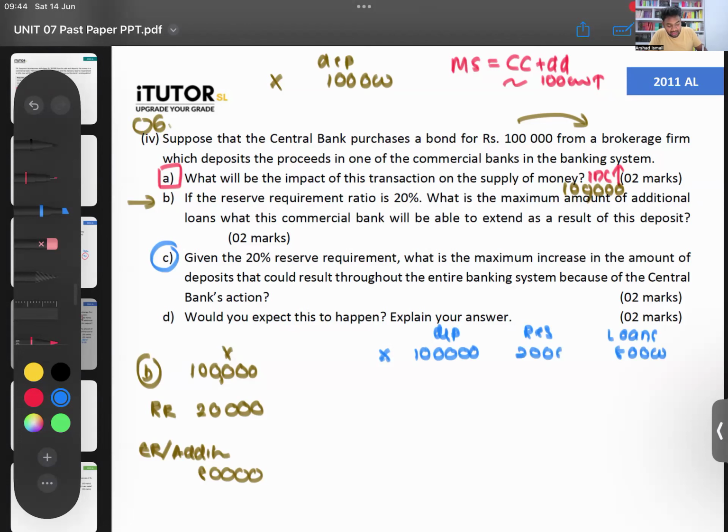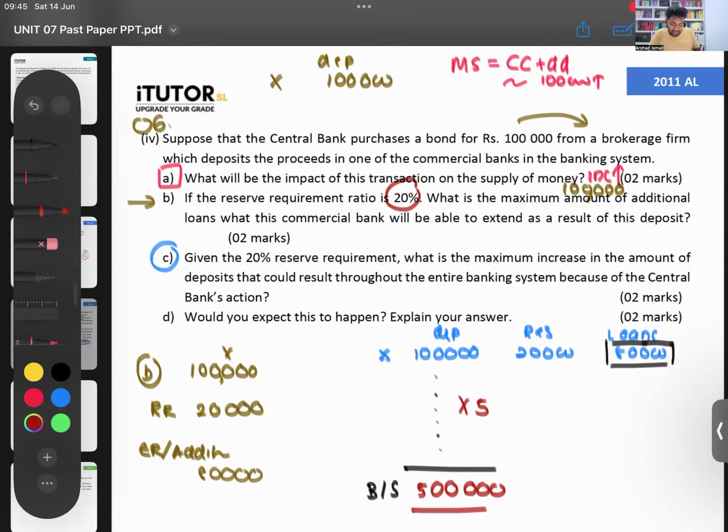Part C is asking, because of this 100,000, in the entire banking system, how much of loans would be created, how much of deposits would be created? That is where you should use the deposit multiplier. If SRR is 20%, how much is my deposit multiplier? Show all the working of how you calculate the deposit multiplier. Don't skip those. So SRR is 20%, your deposit multiplier is 5 times. You all know that. So this 100,000 would cause total deposits of 500,000.